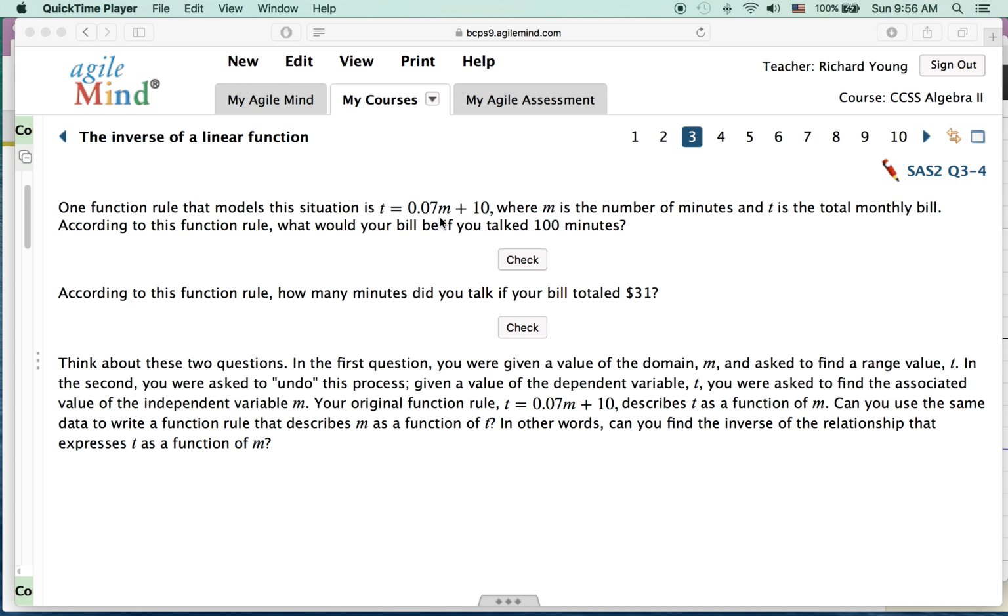We would use this equation if we had the number of minutes and wanted the total bill. But if we knew the total bill and wanted the number of minutes, we would have to solve for m. So we're going to talk about how to do that algebraically.